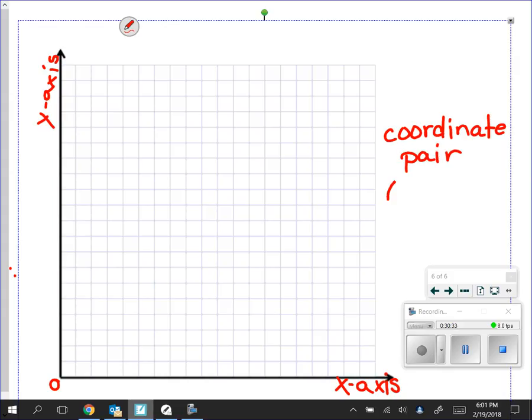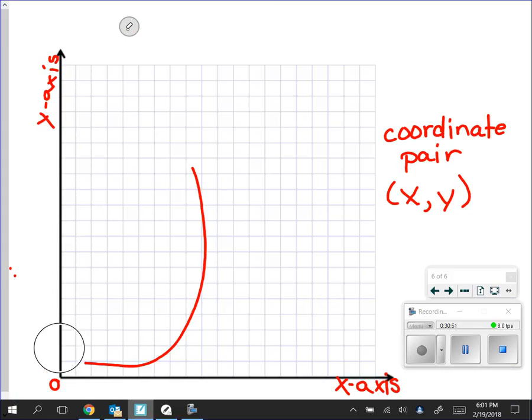And they are always x-axis, y-axis. Always. You always go, just like an airplane. An airplane has to go down the runway before it goes up. It always has to go across and then up.